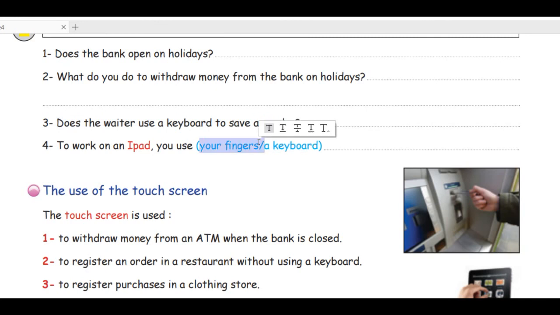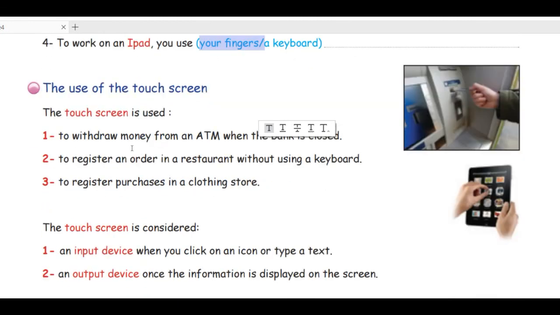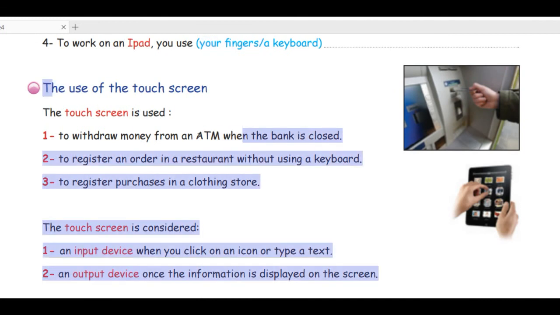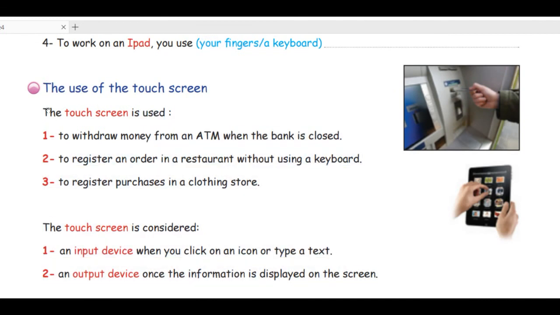And then from those examples or questions, I guess students now have an idea that a touch screen is not only for iPads or their watch. Touch screens are used everywhere in most businesses, to simplify the task for employees while working. And then you set the definition by telling them that the touch screen is used to withdraw money, to register an order, to register a purchase in clothing stores.